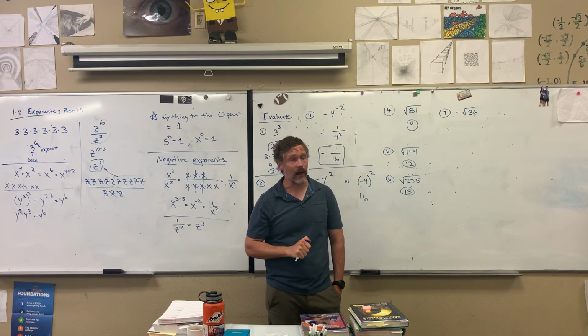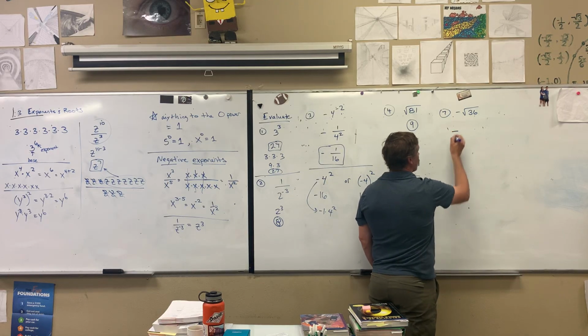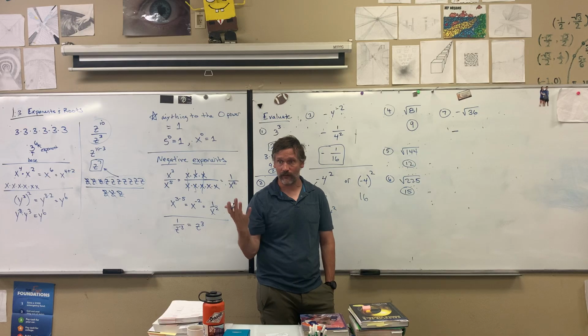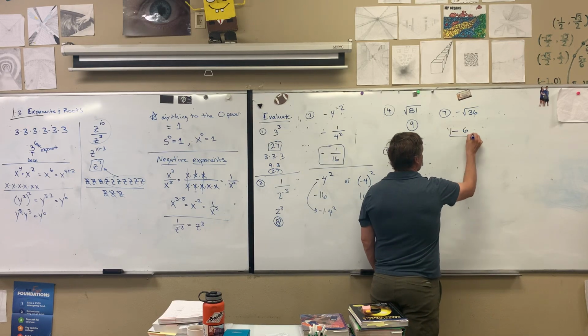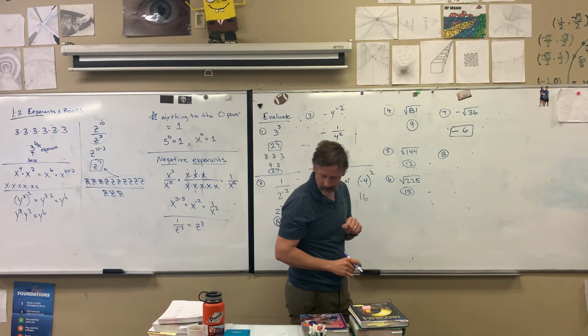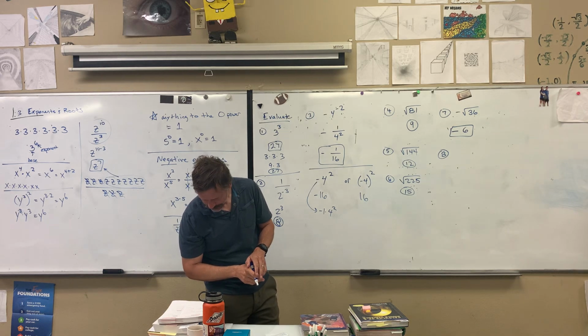So since it's on the outside, I'm not going to worry about that except to put it as part of the answer, which is important. But then you just say, what's the square root of 36? 6. So that's pretty straightforward there. Don't worry about the negative when it's on the outside.